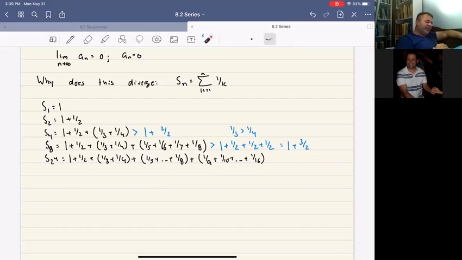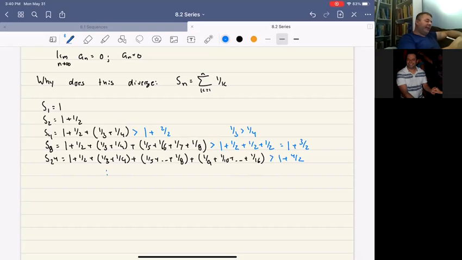Just like here, 4 minus 3 is 1, but there were 2 terms. 8 minus 5 is 3, but there were 4 terms. 16 minus 9 is 7, so there are 8 terms, all bigger than 1 over 16. So 1, 1/2, 1/2, 1/2, 1/2. So this is bigger than 1 plus 4/2.